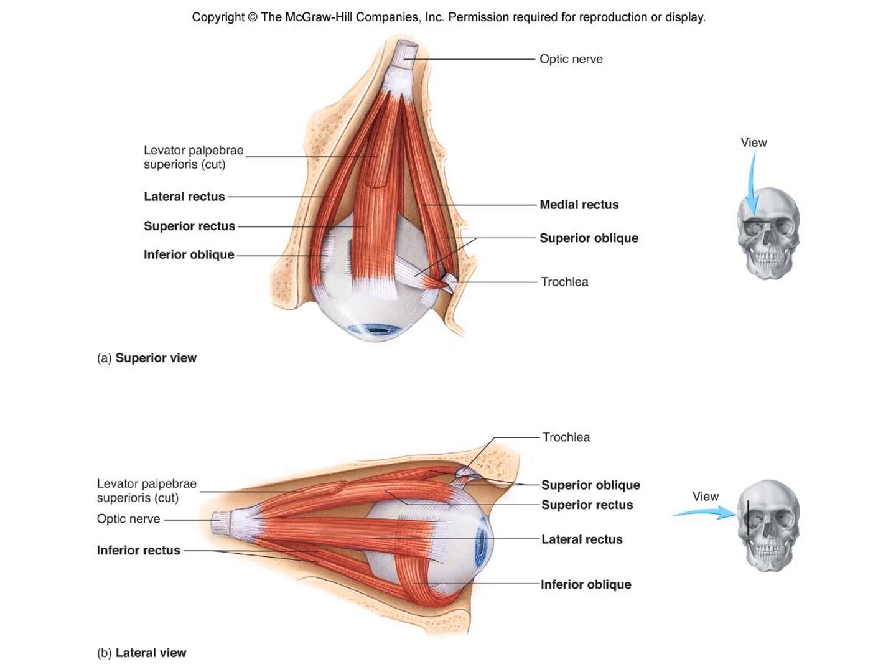This is another image of your extraocular muscles. It shows the different muscles: the lateral rectus, the superior rectus, inferior oblique, the medial rectus, and superior oblique.